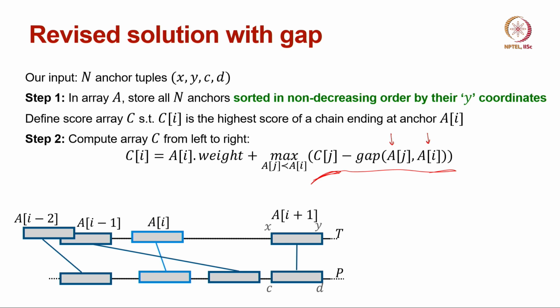So accordingly we would search for the preceding anchor which has a maximum value given by this expression, and this modification suffices to achieve an algorithm which also considers a gap cost between consecutive anchors. So now if I am considering all the consecutive anchors for anchor Ai, then I am considering gap cost as well.